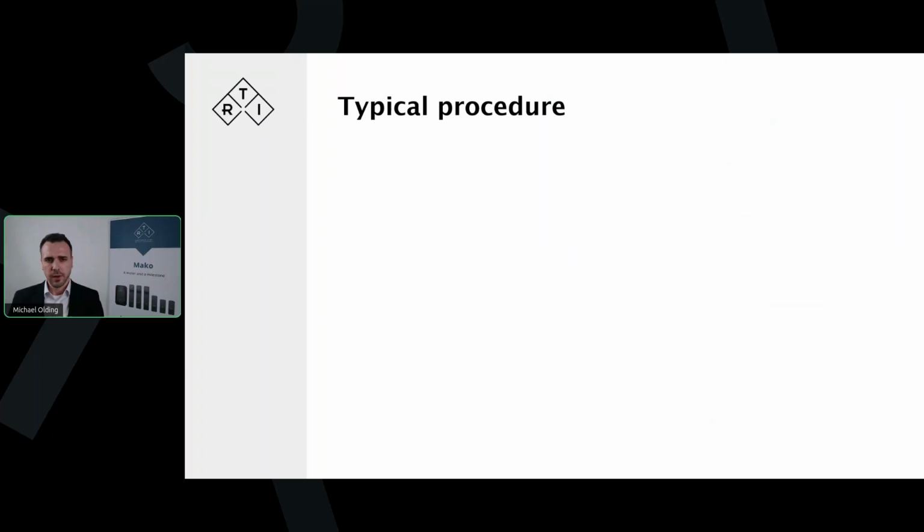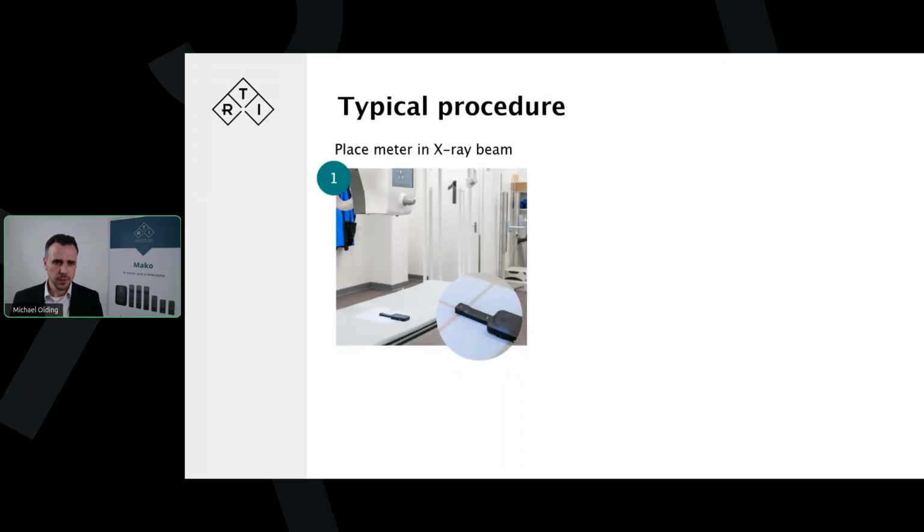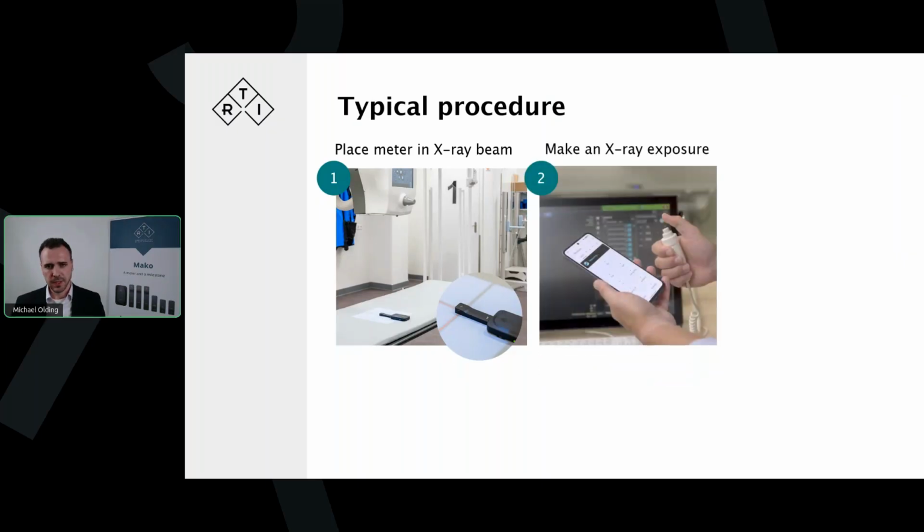So we're going to overview a very simple typical procedure for those unfamiliar with X-ray testing. First and foremost, we place the active area of the meter in the X-ray beam. Then we'll typically head to the control room where we make the X-ray exposure either with a plunger or some sort of paddle or button system.